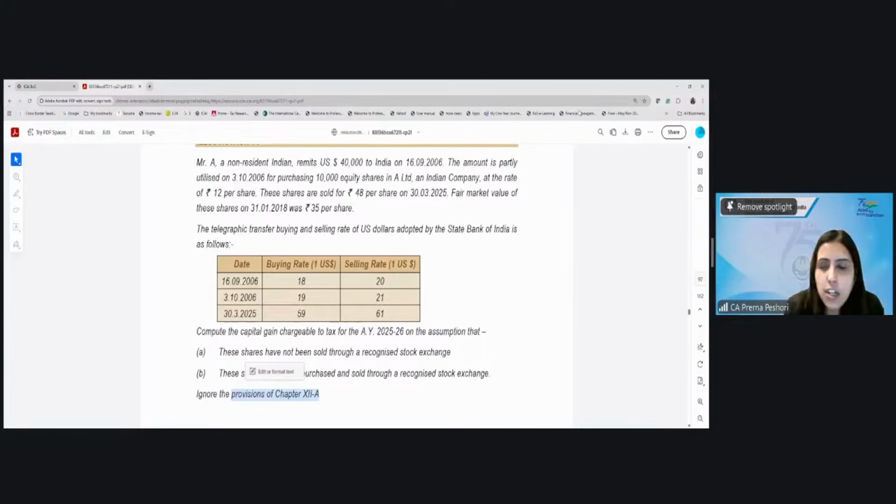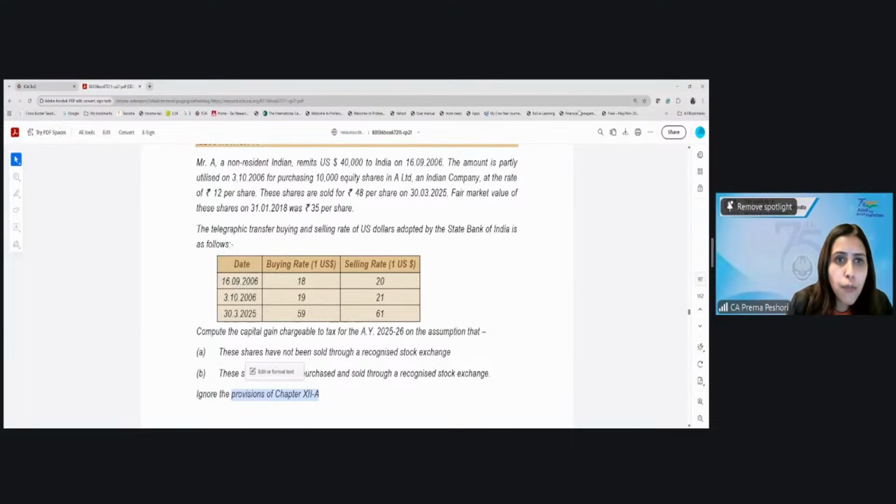Now, what will be my sale consideration? 48 lakh... no, 4.8 lakh.